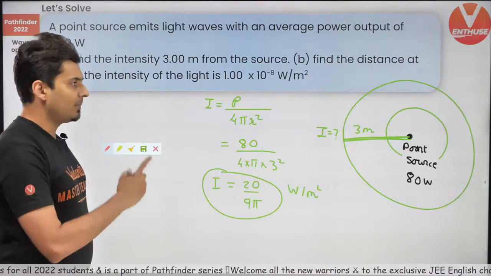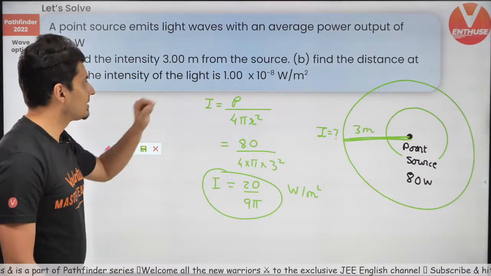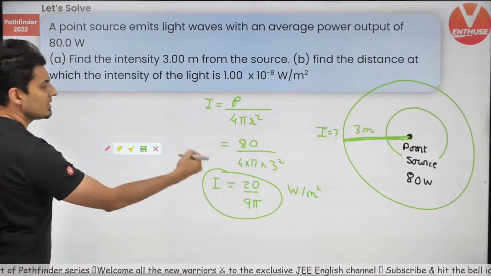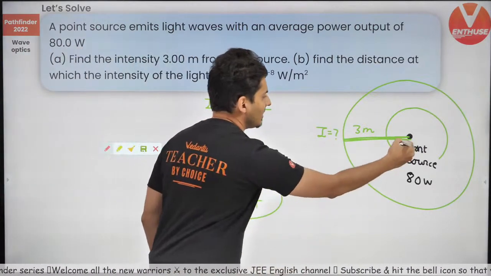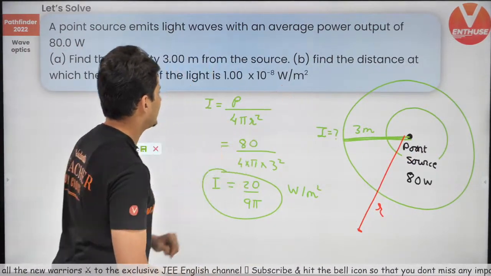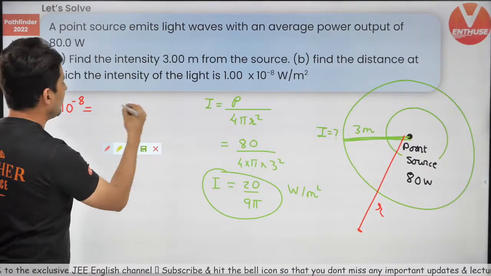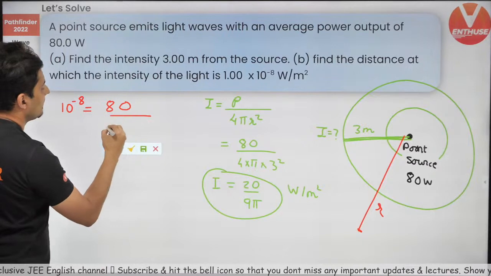Okay, next up, the second question says, where is the intensity this much? So again use the same formula. There will be certain other distance r where the intensity will be this much. So substitute the intensity as 10 to the power minus 8. Power is still 80 by 4 pi.